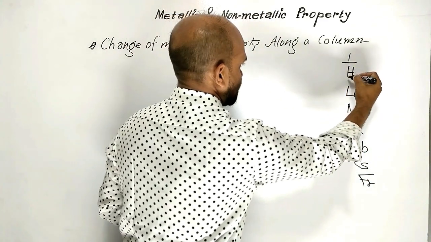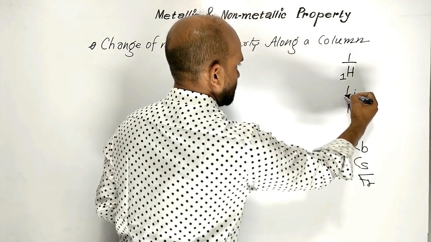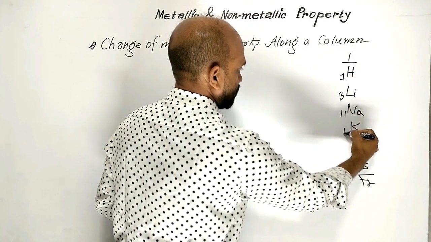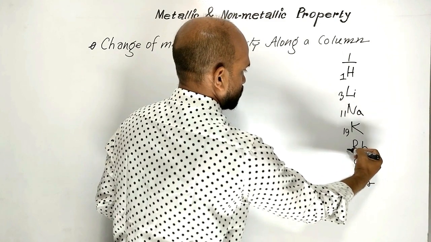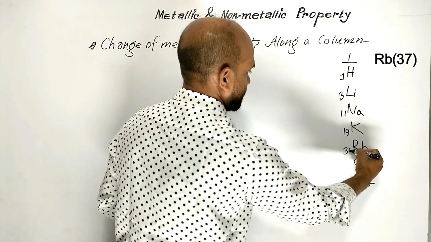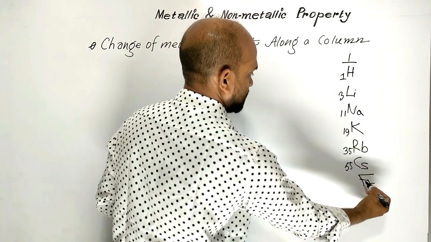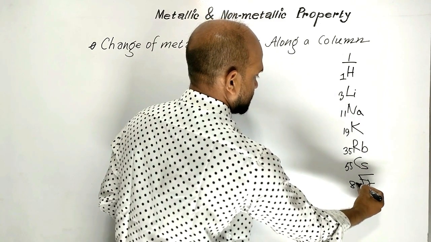Atomic number of hydrogen is 1, lithium 3, sodium 11, potassium 19, rubidium 37, cesium 55, and francium 87.